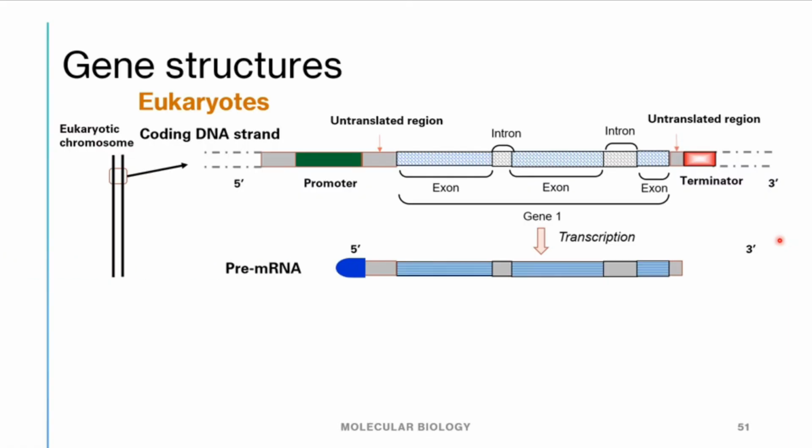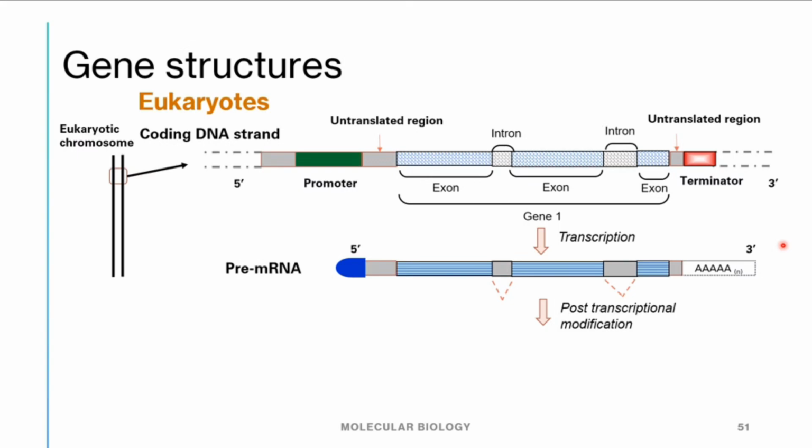Now, remember earlier on we talked about the capping process and the addition of the poly A tail. Now the next step is actually splicing, right? Post-transcriptional modification, splicing.